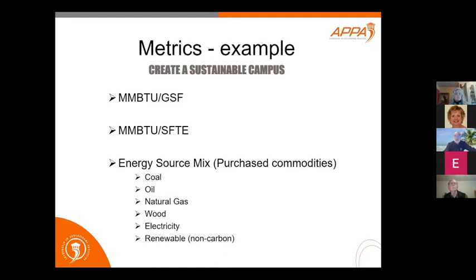And then you want to keep track of where your energy is coming from. Right now, the FPI has allowed you to input things like tons of coal, amount of fuel oil, natural gas consumption, if you're using wood, or electricity for your primary energy sources. And we'll probably need to start keeping track of renewable sources such as wind power, solar, and so on.